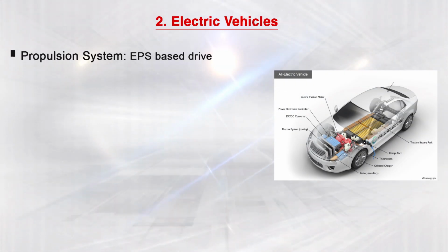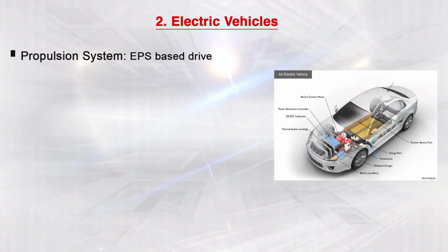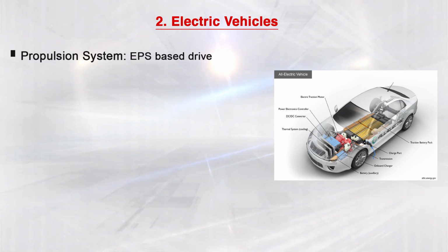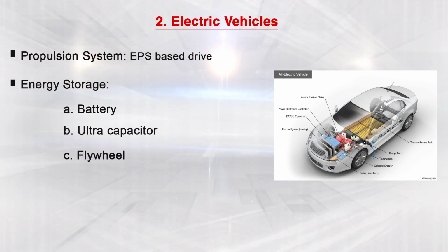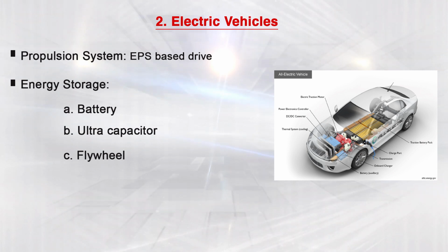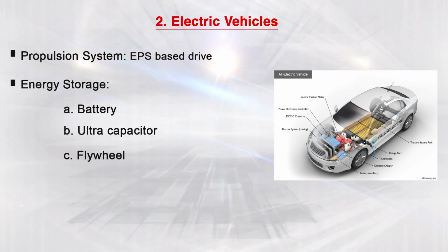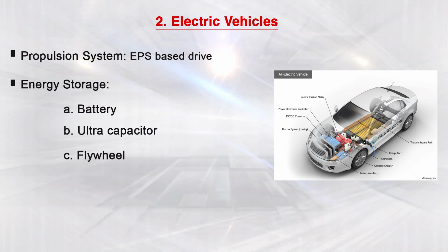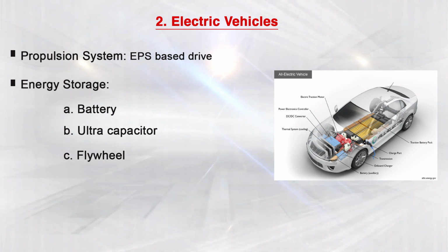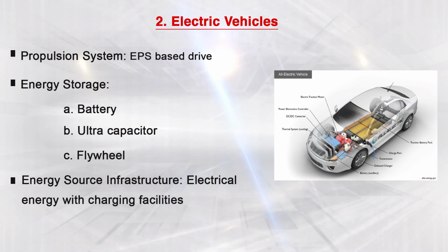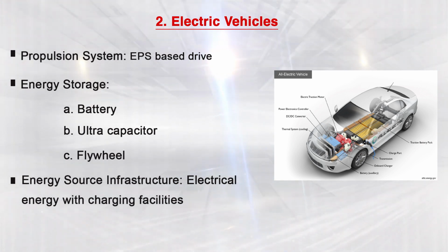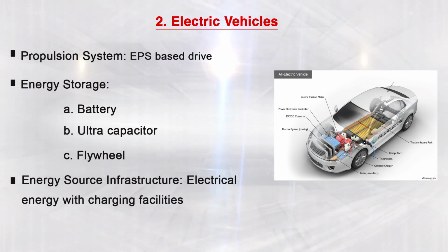In a similar line, if you talk about the electric vehicle, then the propulsion system is the electric propulsion system based drive. If you talk about the energy source and storage system, then it is a battery, ultracapacitor or flywheel, or a combination of these, making it a hybrid energy system for the electric vehicle. Energy source and infrastructure is the electrical energy and charging facilities, which is quite limited as of now.